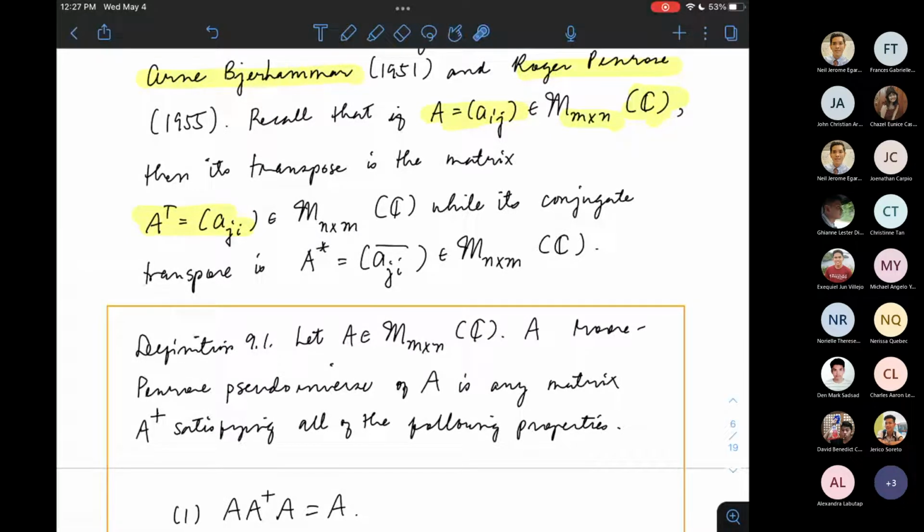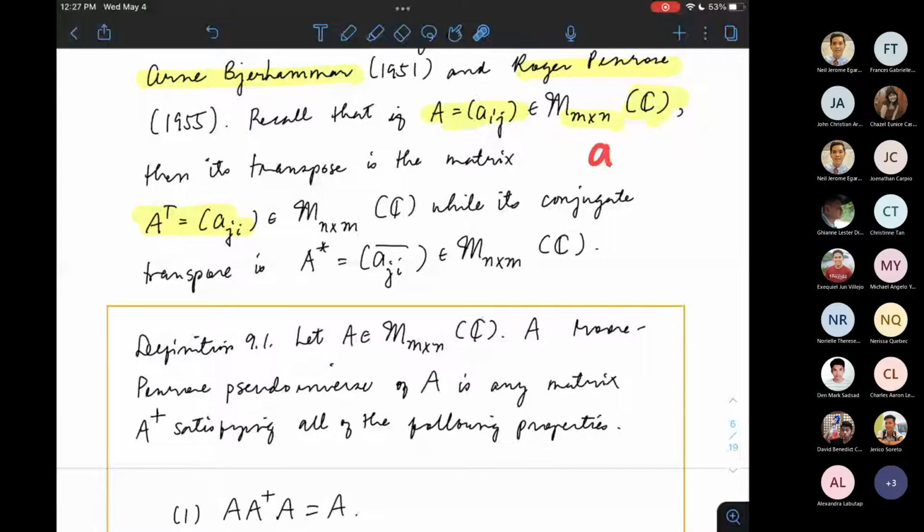So yun yung transposition ng isang matrix. While there is a concept of conjugate transpose, pag complex yung entries ng matrix. Now, if you have complex entries, yung conjugate transpose, which is denoted by A star, siya yung transpose ng matrix A, pero after transposition, kukunin natin yung conjugate ng mga complex entries.